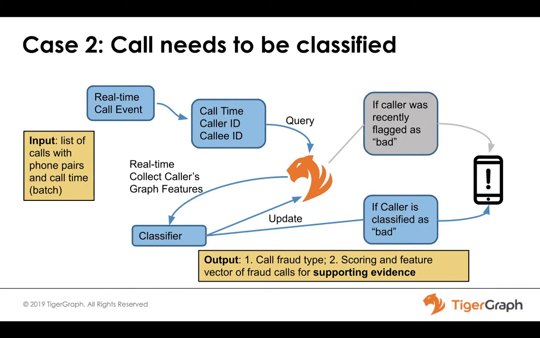Originally, we did not include the scoring and feature vector. However, China Mobile was asking, how did you actually come to the conclusion that some call is fraud or not? They really need more of the supporting evidence from the machine learning model.